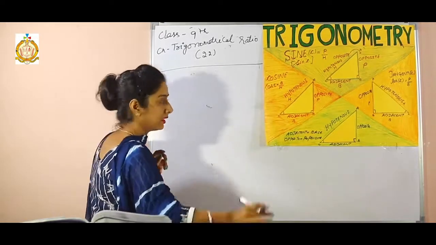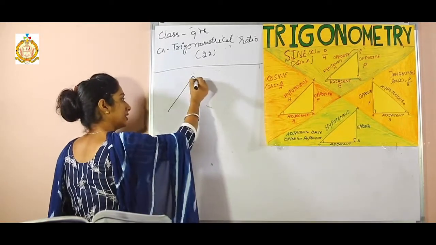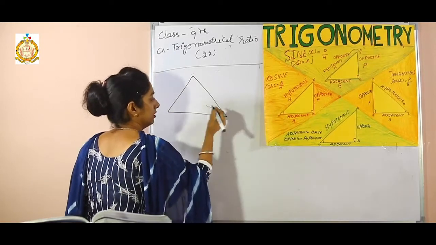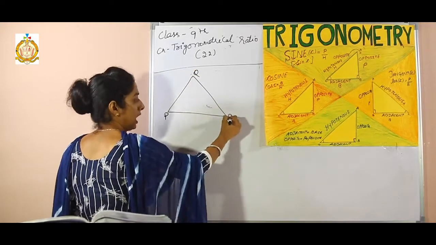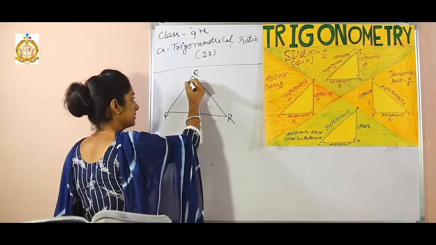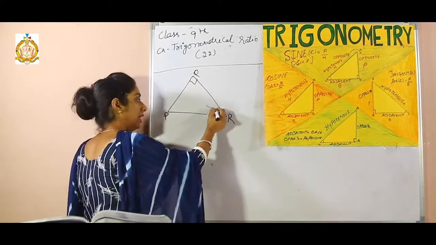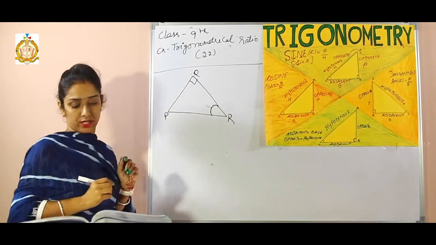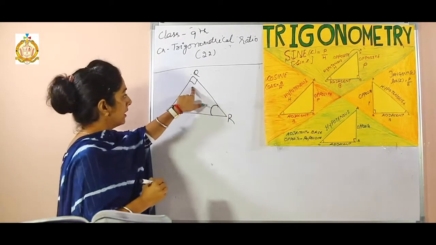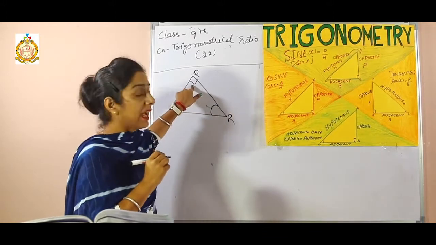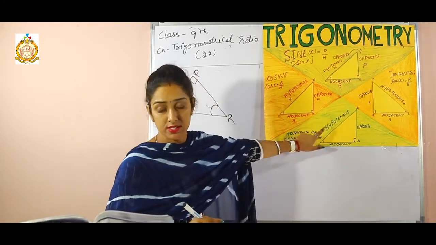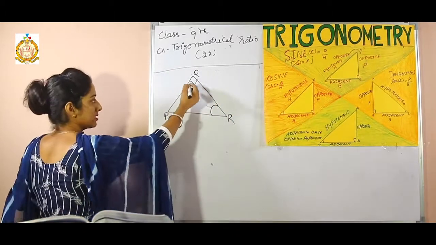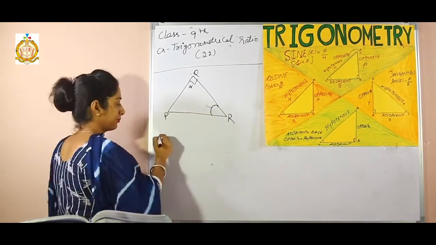Now the third type which we have to discuss: if the triangle is given in this condition, right? Here P, Q, R, and this is a 90 degree angle and this is an acute angle. In this case we can also say this is the angle of reference. Let us suppose this is alpha.